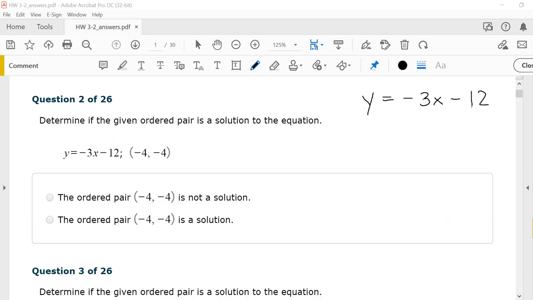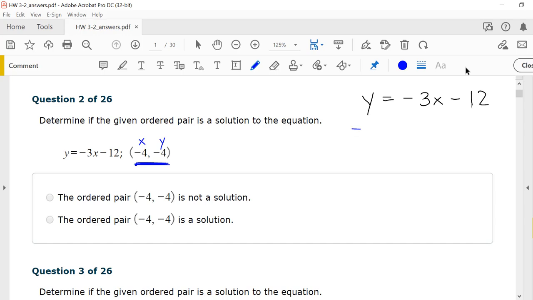Number 2 says to determine if the given ordered pair is a solution to the equation. My equation I've rewritten is y equals -3x minus 12. My ordered pair is -4, -4. X is -4, y is -4.